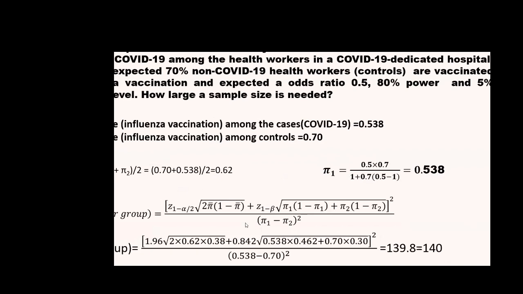Now we have a proportion of 1 and proportion of 2, we just simply apply this formula to get the sample size. Yesterday I already explained to you the formula for comparing two proportions. So first we find out the pi bar, that is the mean of the two proportions. This is 0.62.